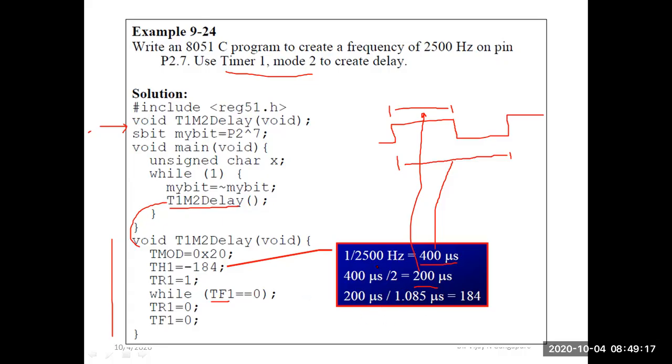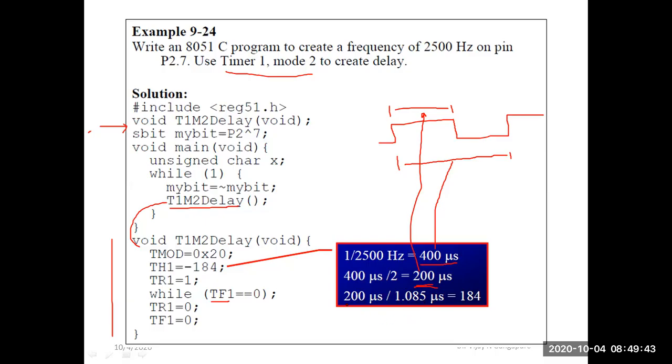For this 200 microsecond delay, what count should we load into th1? That is calculated by dividing 200 microseconds by 1.085 microseconds. There are 4 steps to derive the initial value to be loaded into the timer register for a desired time delay. What is the first step?